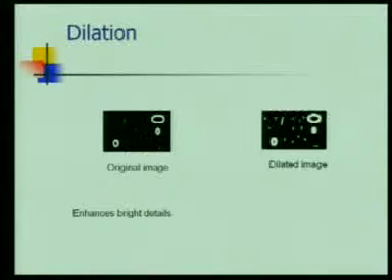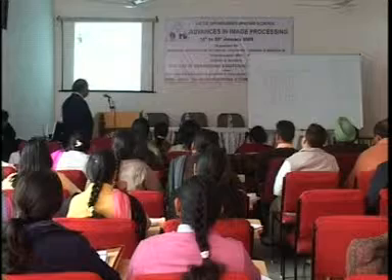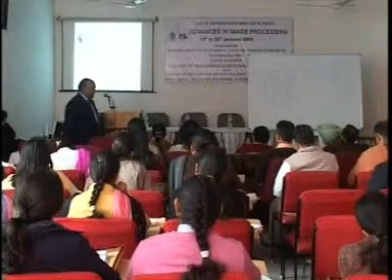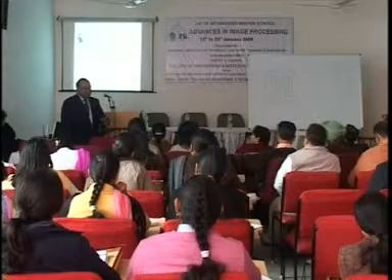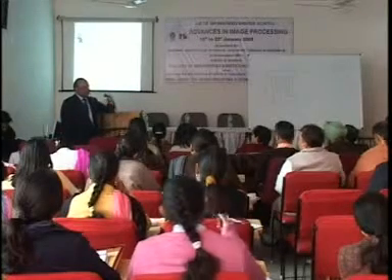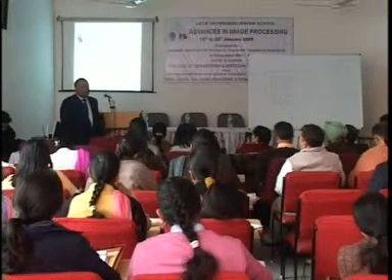Wherever white area was there, it has increased. So erosion is the reverse of this. I will not go into the detail. I understand that what was done with dilation, erosion is reverse of that.